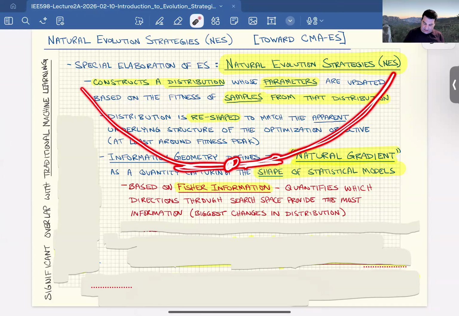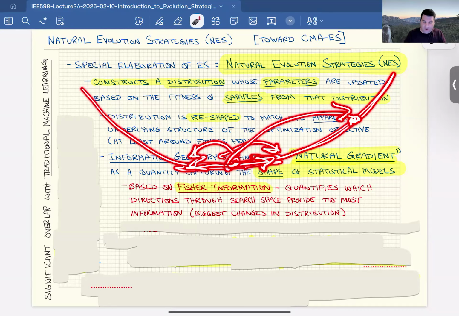If you were to move in this direction, you're not gaining a lot of information taking small steps because it's so flat. You sample a little bit farther away and you get effectively the same fitness. So you have to sample much farther away to start seeing changes in the distribution.